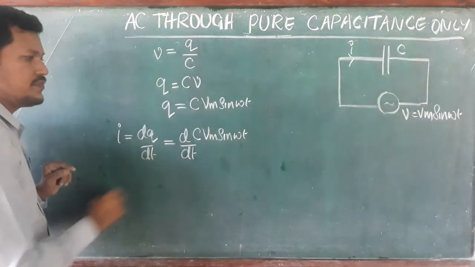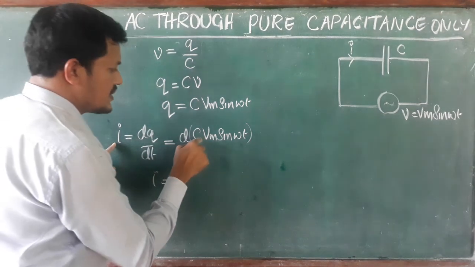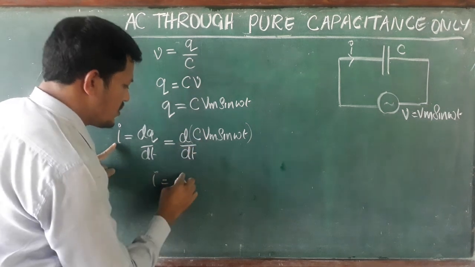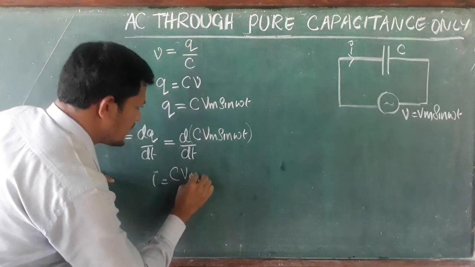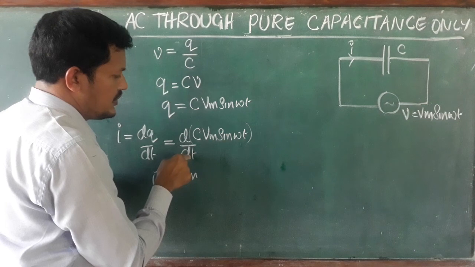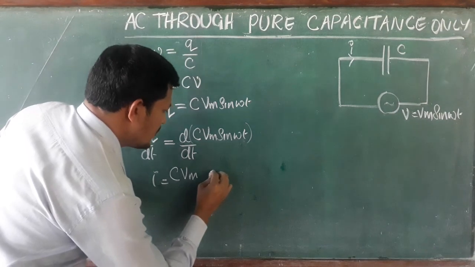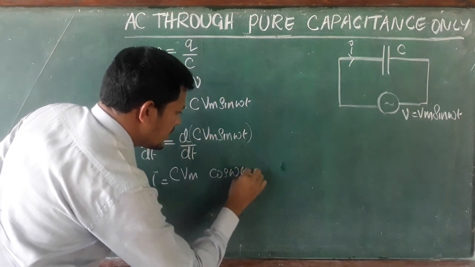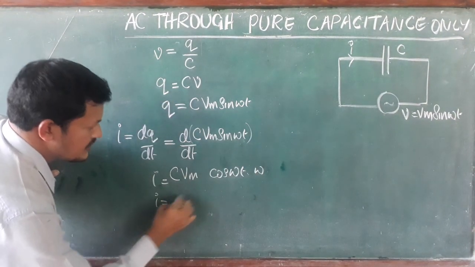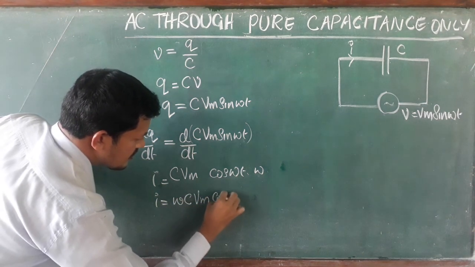To get I, we differentiate C Vm sin omega t with respect to t. Here capacitance C and Vm are constants. The differentiation of sin omega t becomes cos omega t, into omega. So now I am writing omega into C and Vm cos omega t.